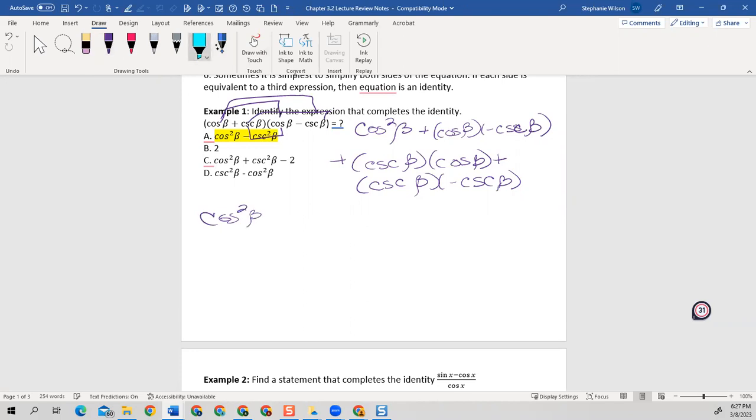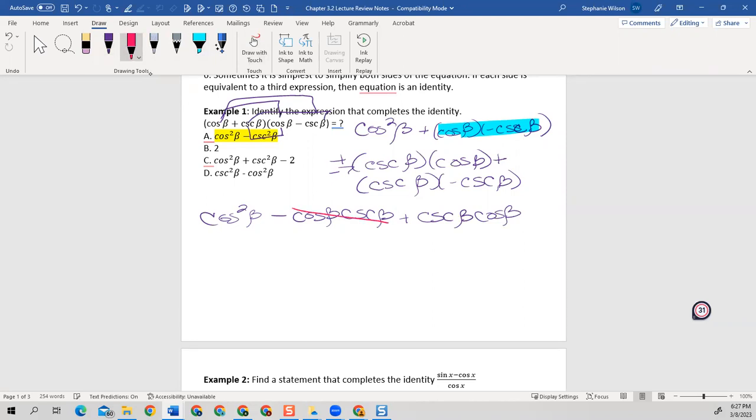My middle terms here, this is just going to be a negative cosine beta cosecant beta, and then this next one is going to be the positive value of it. What happens to it? It goes to 0.